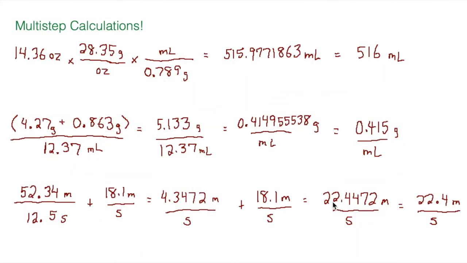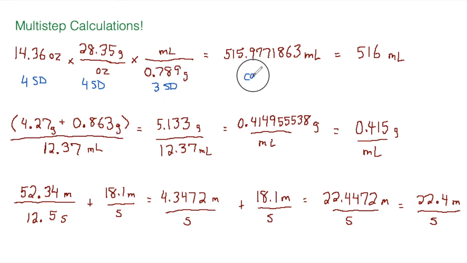Let's try a couple of multi-step calculations. A lot of times in the course, we are going to have a series of multiplying and dividing to do. And this one is pretty straightforward because multiplying and dividing both go by the number of significant digits. So all we have to do here is figure out that in the measurements we have 4 significant digits, 4 significant digits, and 3 significant digits.